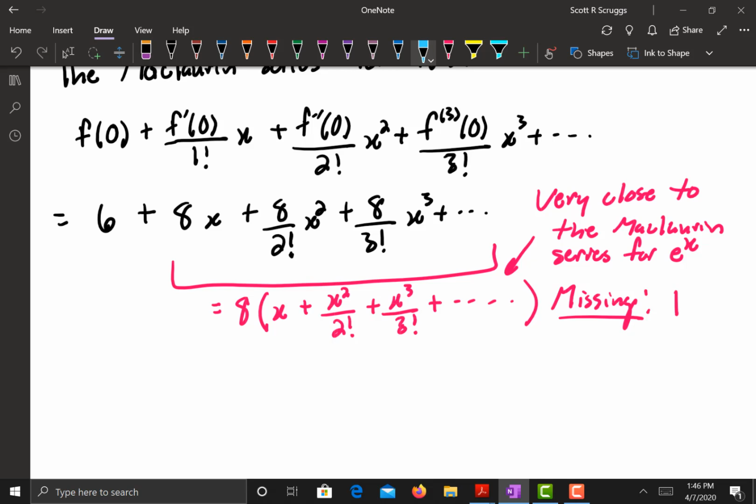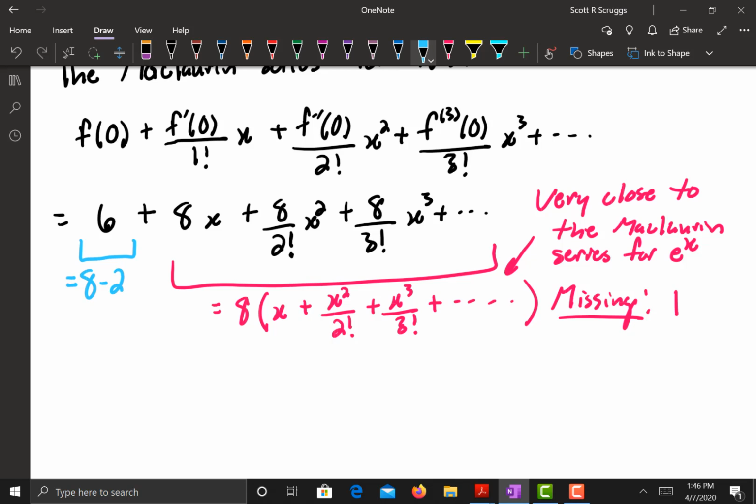And if I'm missing something in this differential equation, I look at what I have left behind and ask myself, how can I rewrite it such that a 1 can appear inside this parentheses? Since I have a common factor of 8, I need to rewrite 6 in terms of 8.